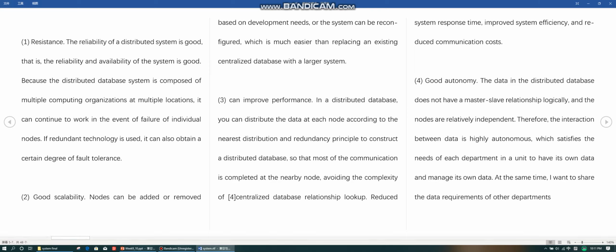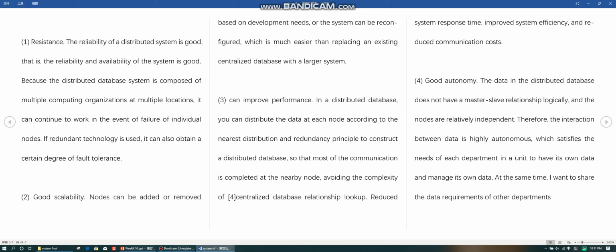And also the distributed database system has good autonomy. The data in the distributed database doesn't have a master-slave relationship logically, and the nodes are relatively independent. Therefore, the interaction between the data is highly autonomous, which means each department or unit needs to have its own data and maintain its own data.